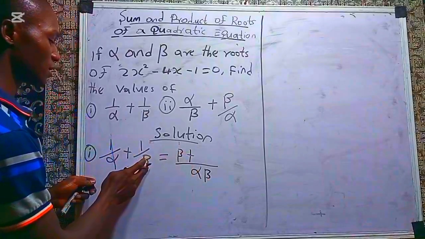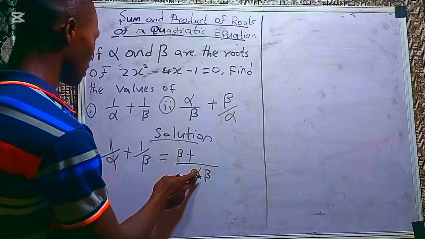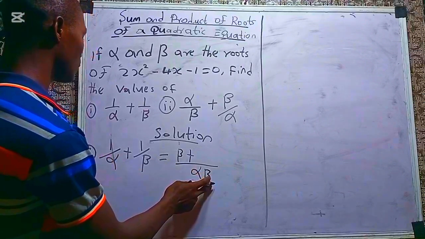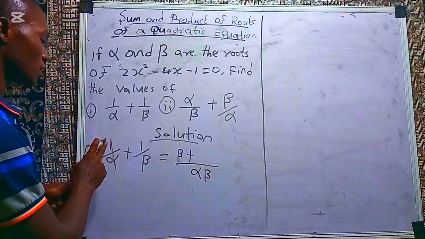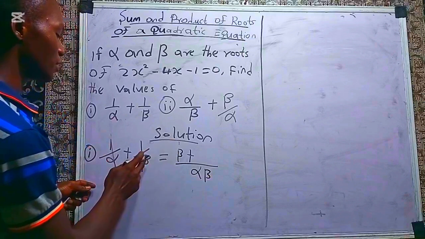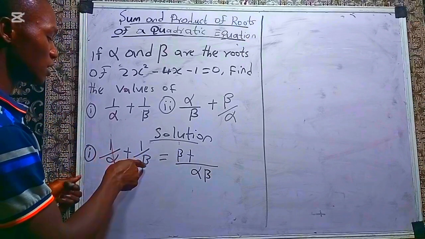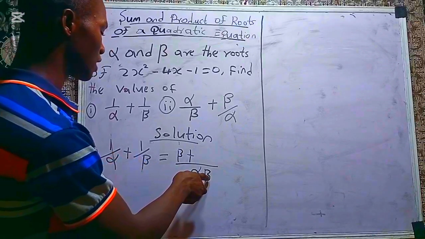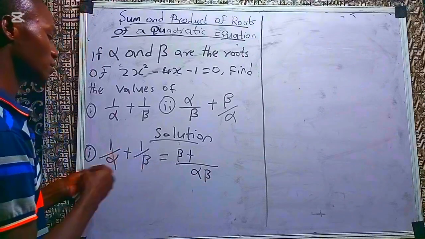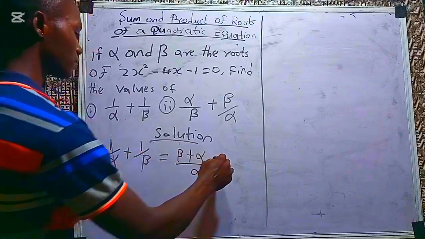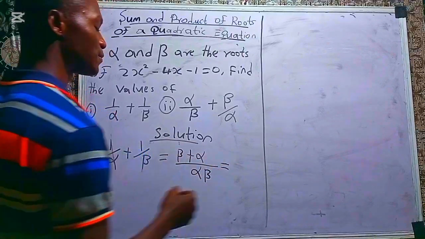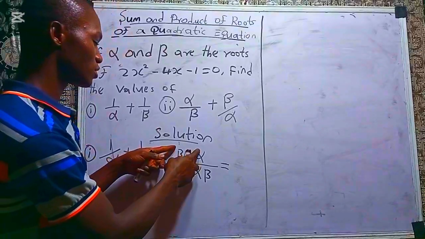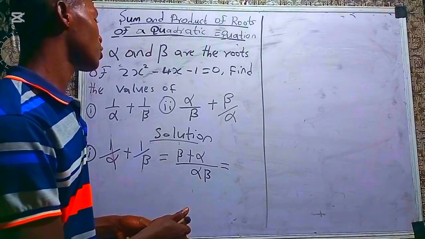Plus, come to this one, beta divided by alpha times beta gives you alpha. Times 1, you get alpha. So we have written this in terms of the sum of the roots and product of roots. So we have the sum of the roots at the numerator, the product of roots at the denominator.